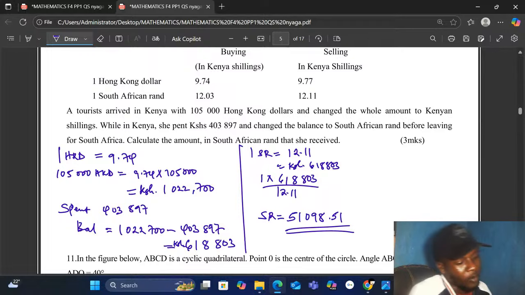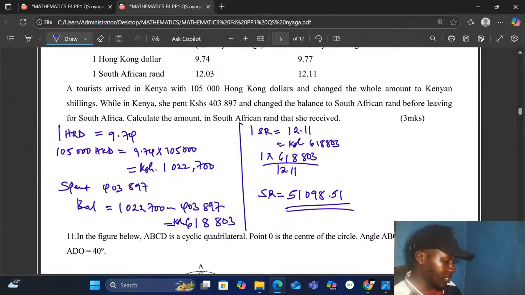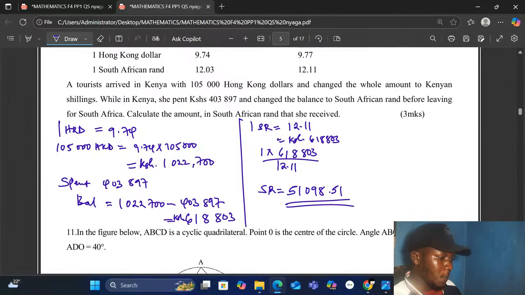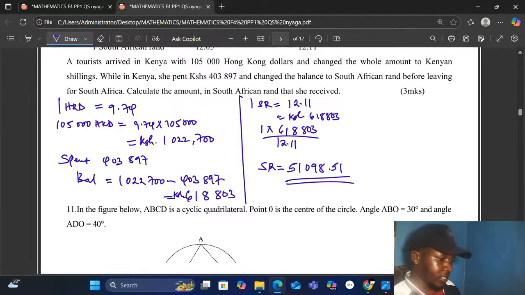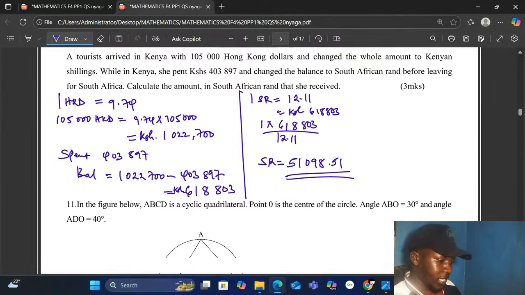So this is the amount in South African rand that she exchanged the balance to. That is how we get 3 marks on the exchange.